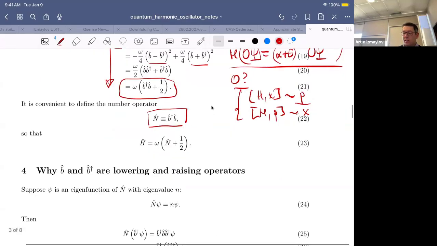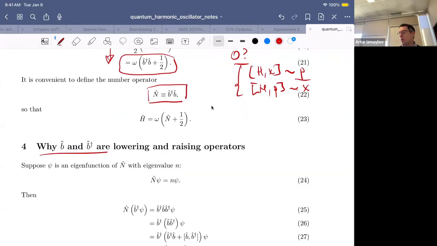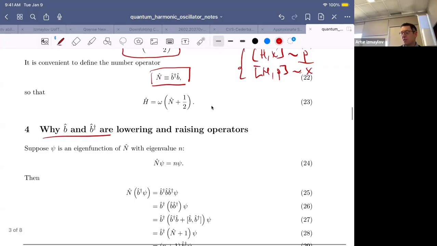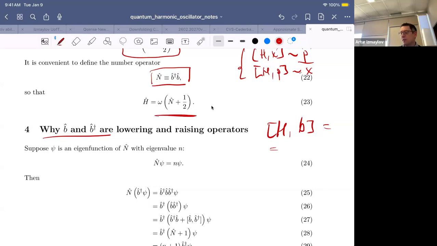And now we could see why B and B dagger are called lowering and raising operators. Because, again, it turns out that if you look at the commutator of H with B, it's the same as, well, in H we have omega times the N operator and the constant, and the constant commutes with everything.